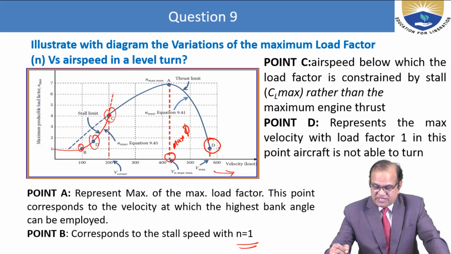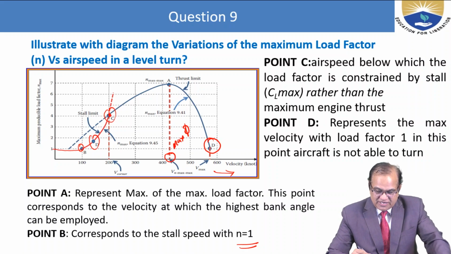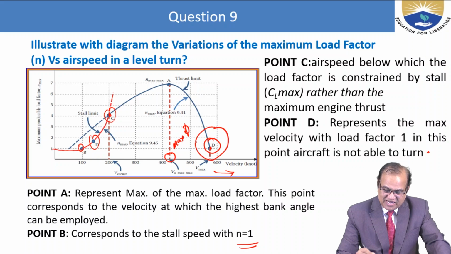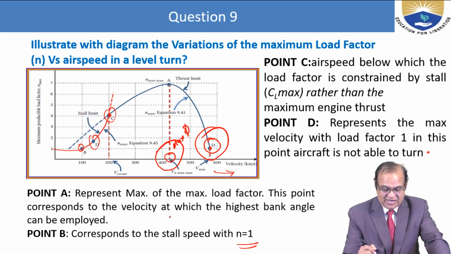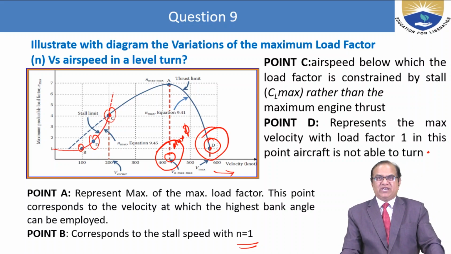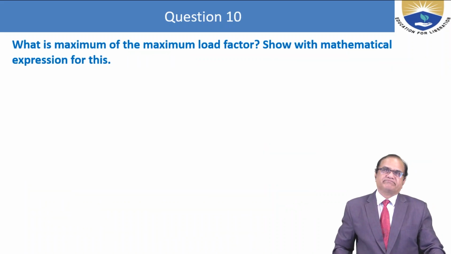Here is the point D, which represents the maximum velocity with load factor 1. At this point, the aircraft is not able to turn. If you are flying here, the aircraft will not be able to turn. This is the maximum velocity to turn. So these points A, B, C and D are very important, and we have to understand each and every point.